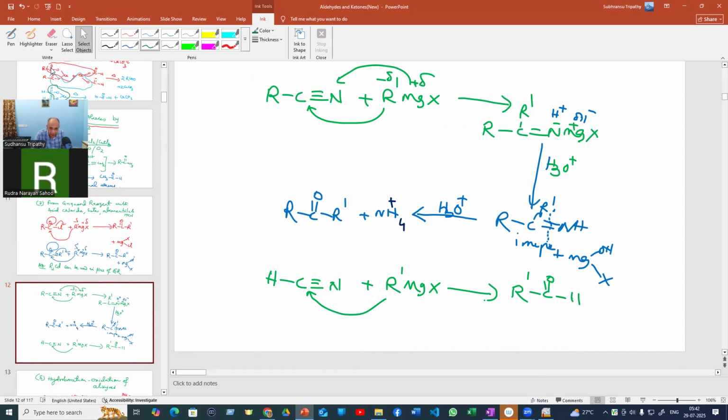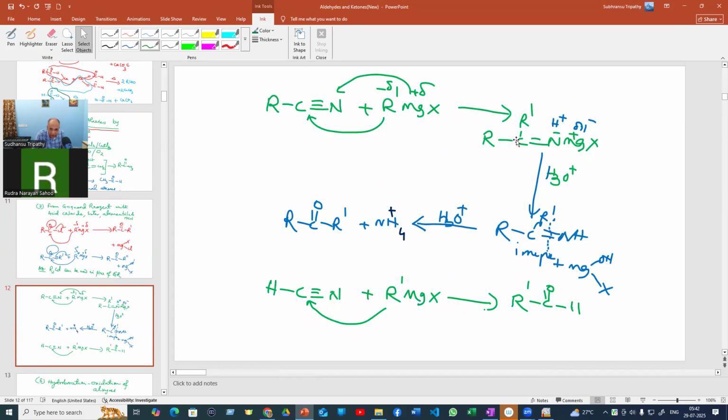another one. The heading is nitrile. Nitrile also will react: the triple bond will become a double bond, then on hydrolysis it will become imine, double bond NH, which again on hydrolysis, because the imines are very unstable, this bond will break and it will form ammonium ion in a multi-step mechanism.